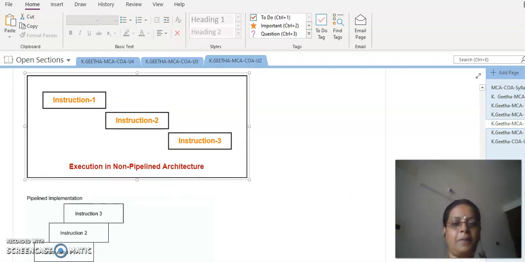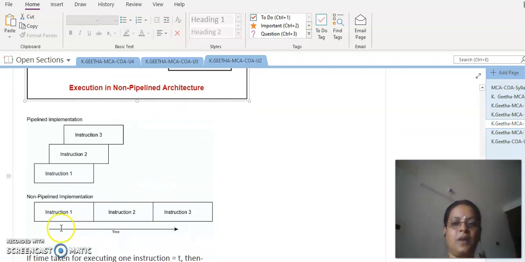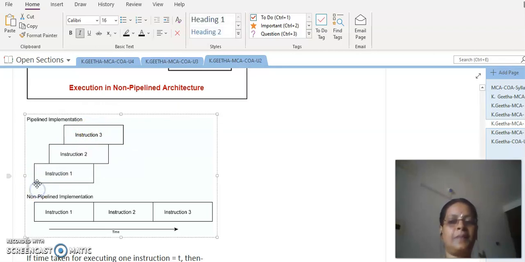Coming to the pipelined implementation, how is it going to work? This is the non-pipelined execution. It is going to stack one after another, so in a sequential manner, it will be executing the instructions. This will be the total time taken to complete all 3 instructions. But if I implement it in pipelined form, I overlap the execution of one instruction upon the other, and if you observe this diagram, I will be able to complete the execution of 3 instructions from this period till this period.